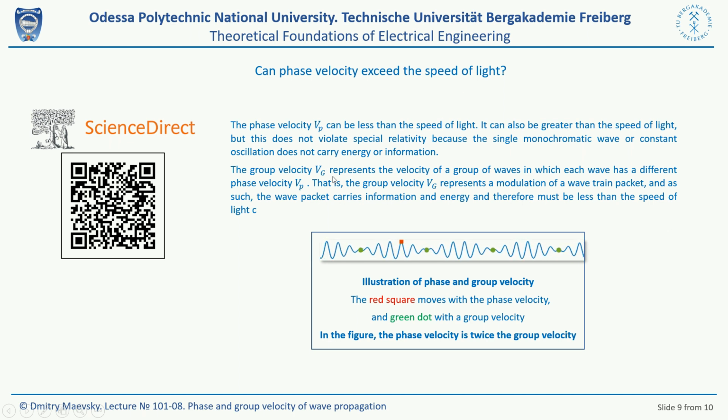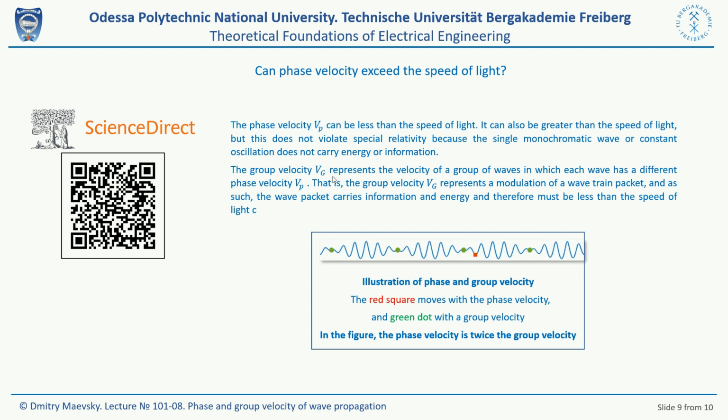First of all, let's remember that modern physics forbids material objects to travel faster than light and to transfer energy and information faster than light. Let's figure out whether the phase of oscillation, we are talking about the speed of movement of a constant phase, is related to these concepts.